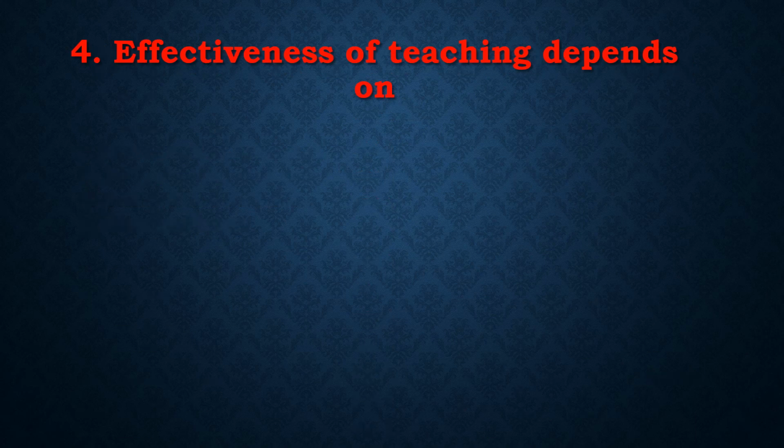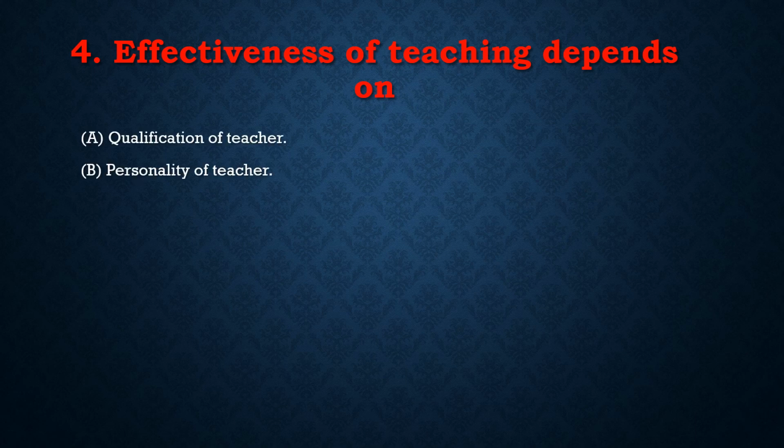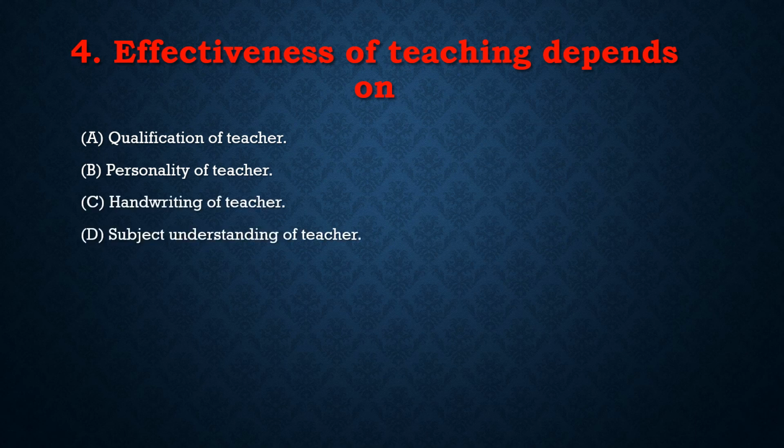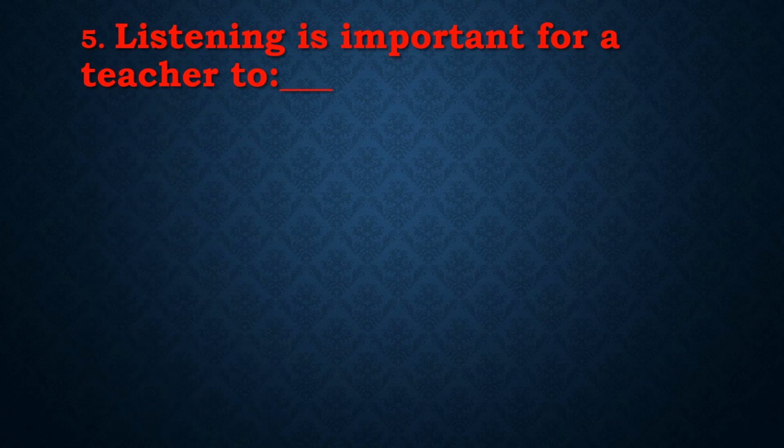Fourth question, effectiveness of teaching depends on qualification of the teacher, personality of teacher, handwriting of teacher, subject understanding of teacher. So the right answer is D, subject understanding of teacher. The fifth question, listening is important for a teacher to dash.